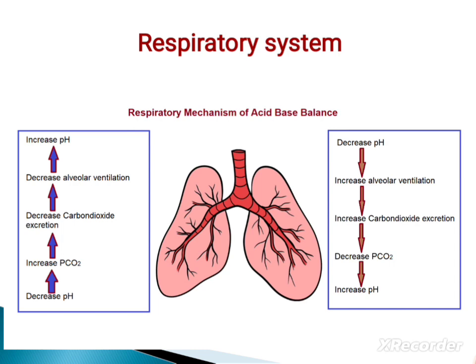On the other hand, if the body develops alkalosis, the respiratory system will retain carbon dioxide. The respiratory rate will be low, so more and more carbon dioxide will be retained in the body. More acid will be retained and the alkalosis condition will be neutralized.